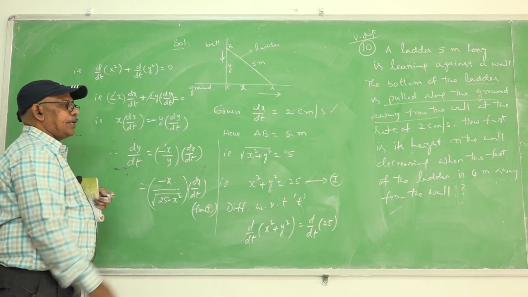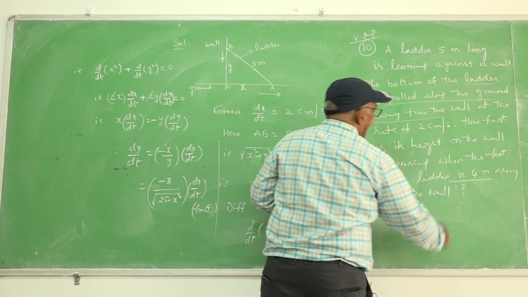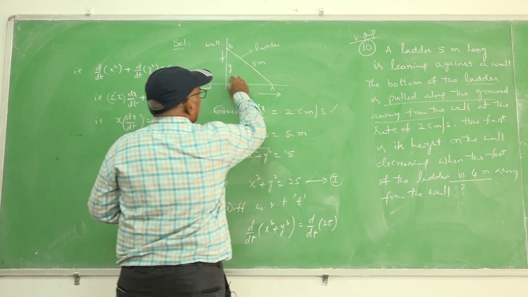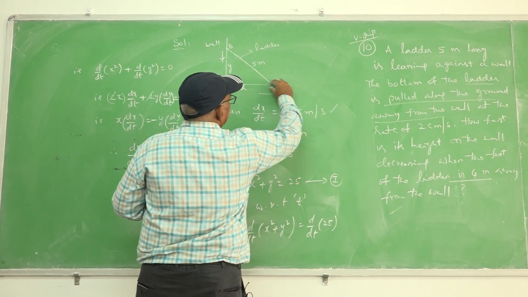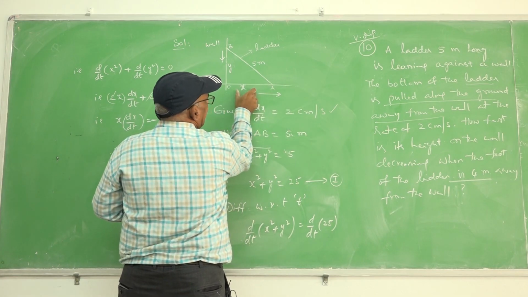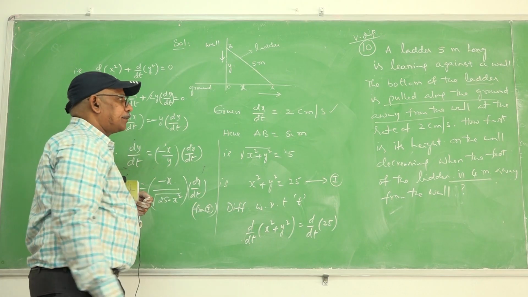Now, this value is to be found at x equal to 4 meters, at the instant as x is changing in this direction. Particularly at x equal to 4 meters we need dy by dt.